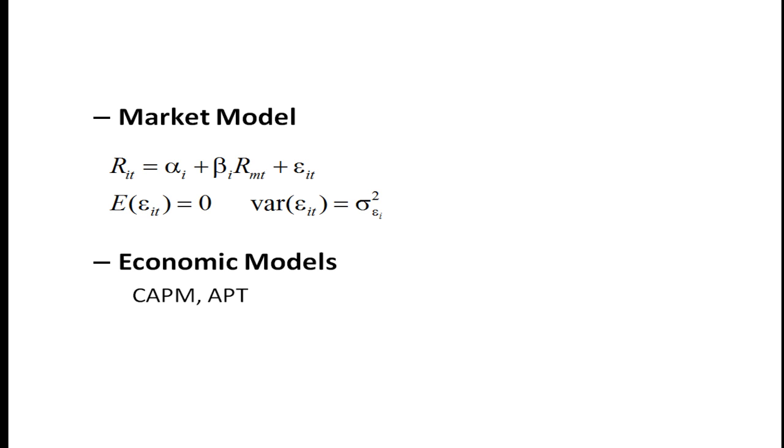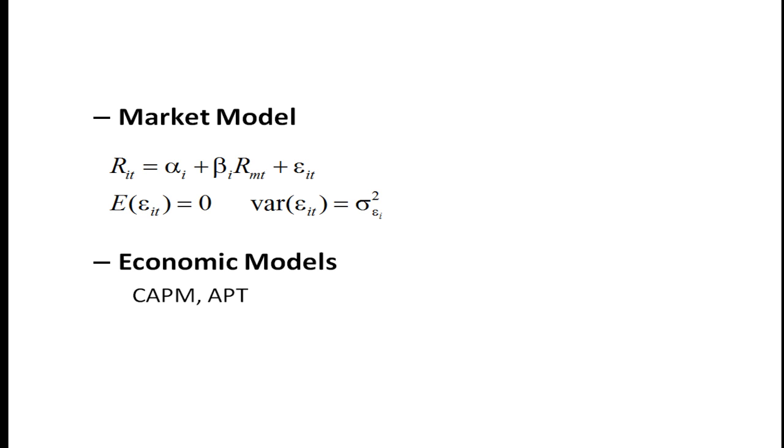And the expected value of the error term we get, because this line that we fit through our data is not going to fit perfectly, so we're going to have errors in our estimation. The expected value of that error term should be equal to 0, and the variance should be equal to sigma squared epsilon i. We could also use one of these equilibrium models, such as the capital asset pricing model or arbitrage pricing theory.